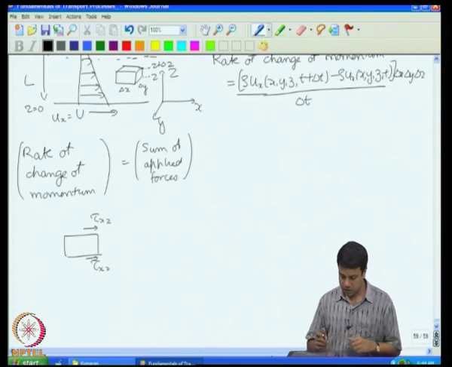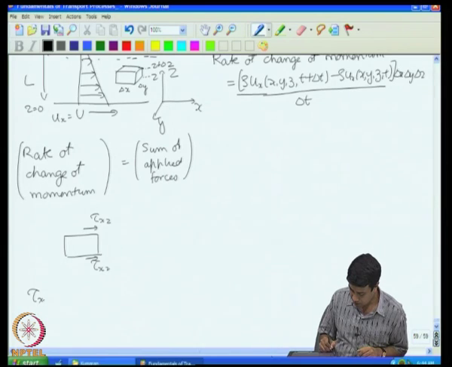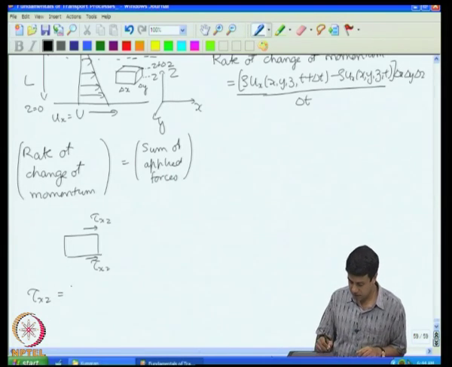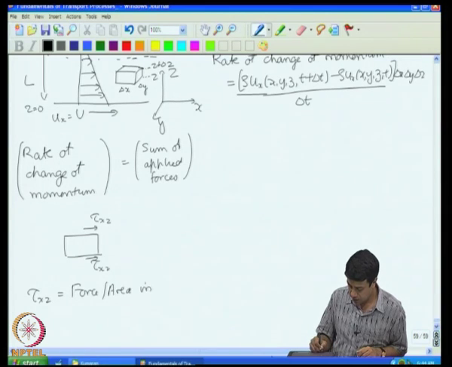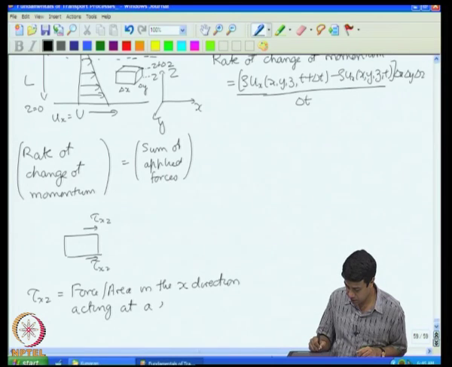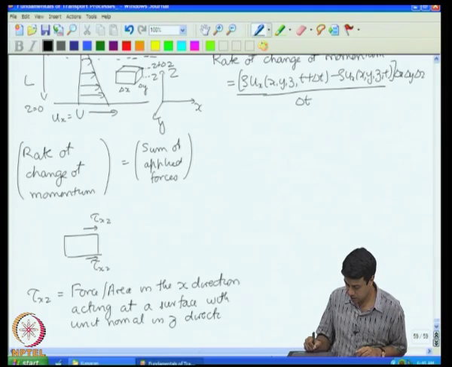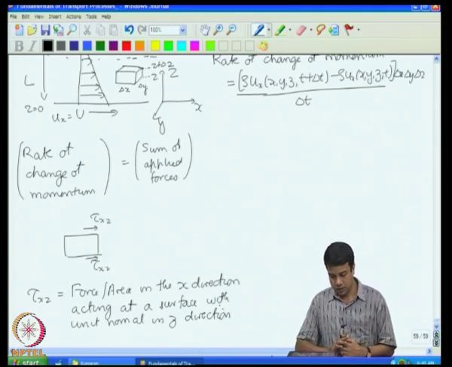The shear stress tau x z is defined as the force per area in the x direction acting at a surface with unit normal in the z direction.